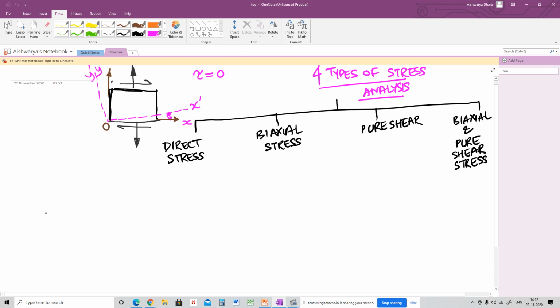Now we will move to what will happen in direct stress. So let's consider a block. Let me draw it in 3D form.